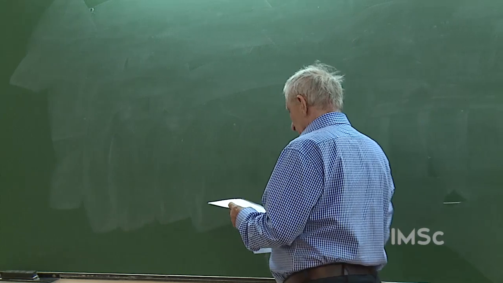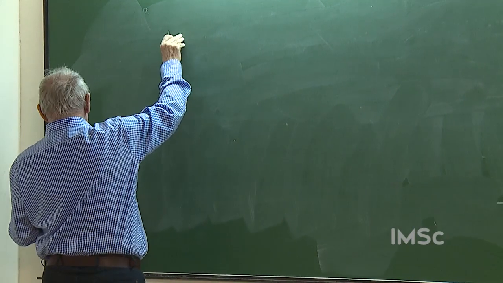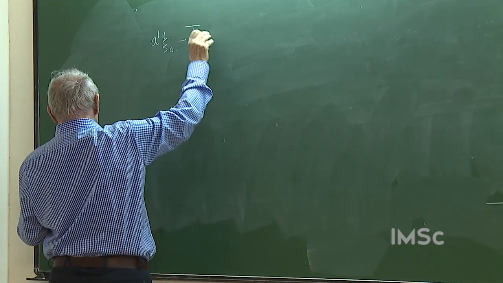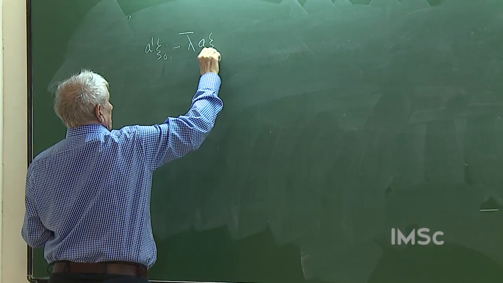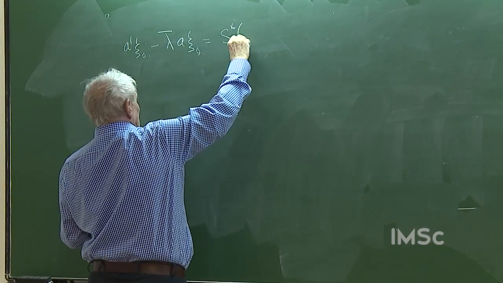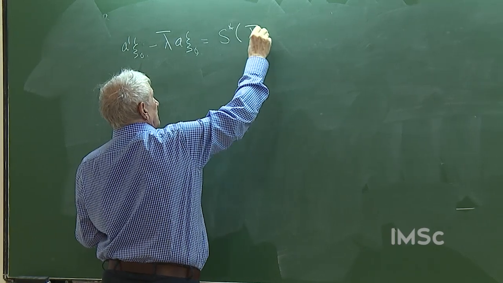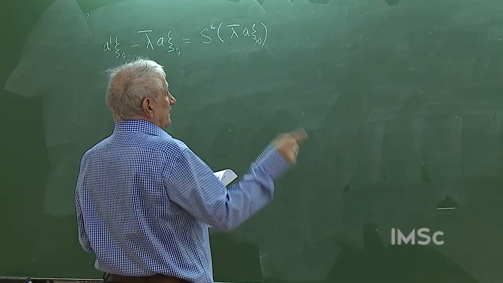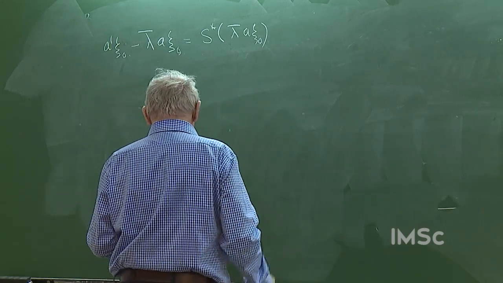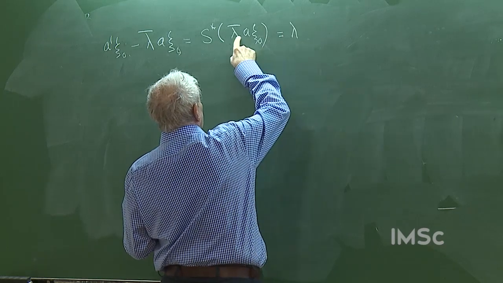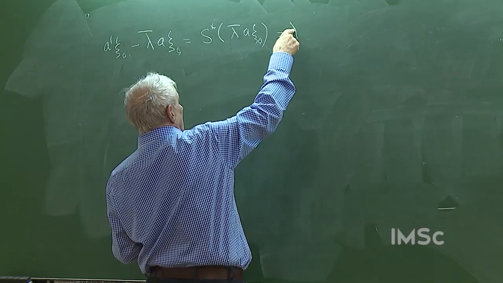So that's what we get: A prime psi naught minus lambda bar A psi naught is equal to S star of lambda bar A psi naught. This is with eta and zeta; lambda comes out without the bar.